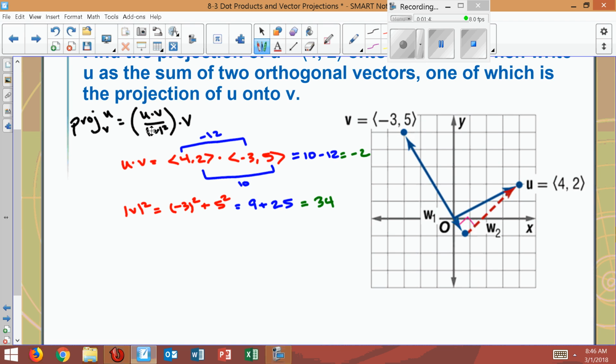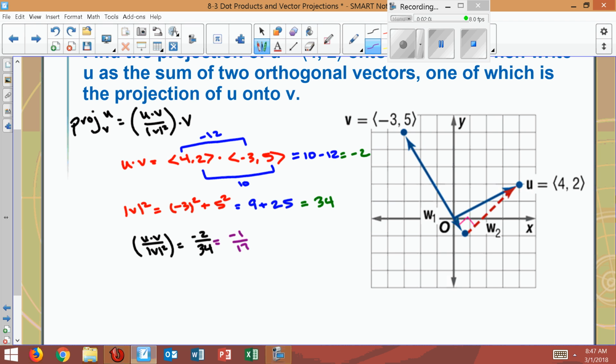So we just discovered this fraction right here, this u dot v, all over the magnitude of v squared. We just discovered that is -2 over 34, which is equal to -1 over 17 when we reduce. So we're going to take that and we'll multiply it times v.